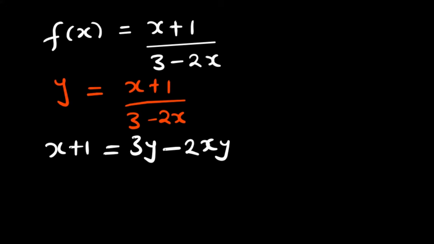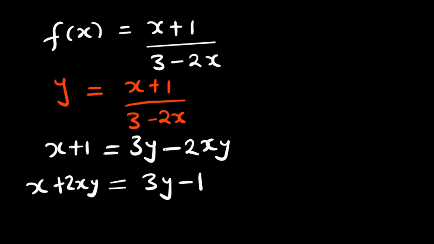Or let me take the negative 1 to the other side so that I avoid negatives. Then I take this negative 2xy to the other side. So this side I'm going to have 3y minus 1. This side I'm going to have x plus 2xy. This is what I have.